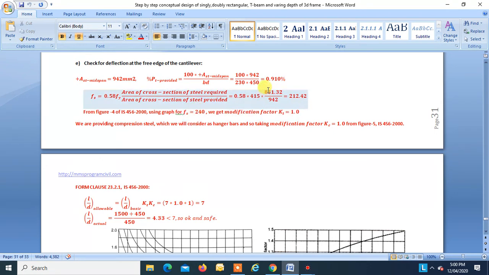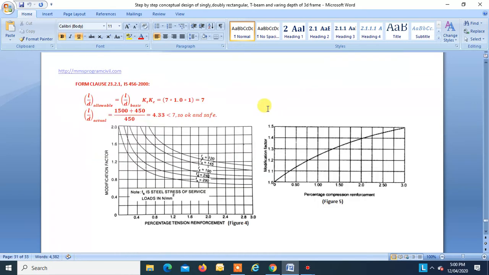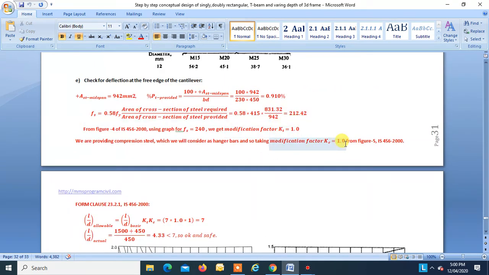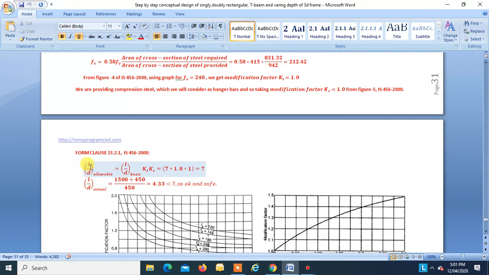Kt is found to be 1, this is 0.9, right? So when you take 0.9, and this is the graph we are referring to, you get Kt equal to 1, right? Kt is equal to 1, Kc we are taking as 1. So L by D allowable is L by D basic into Kt into Kc. For cantilever, L by D basic is 7, Kt is 1, Kc is 1, so this is 7.